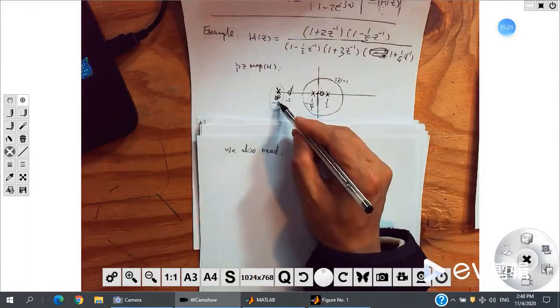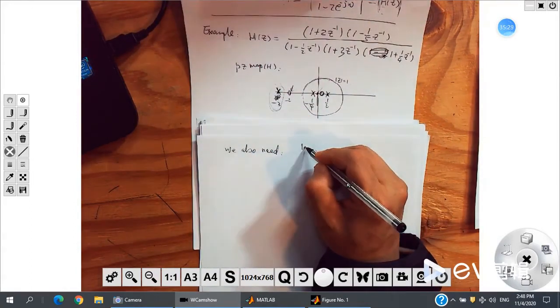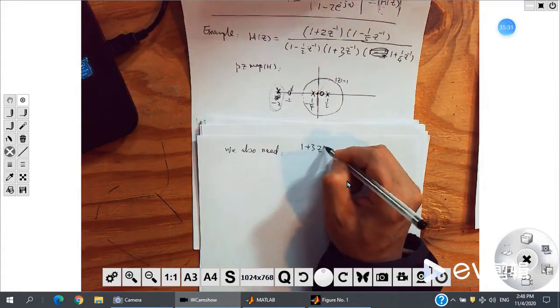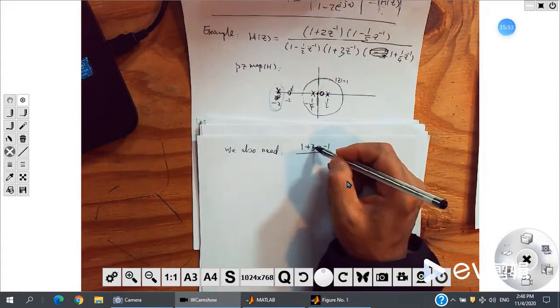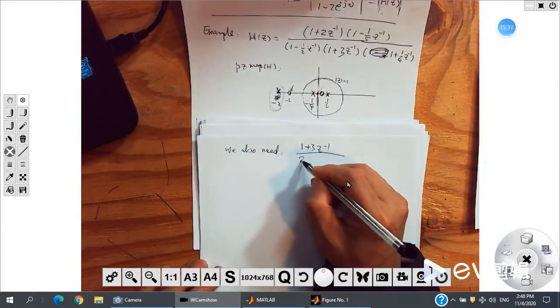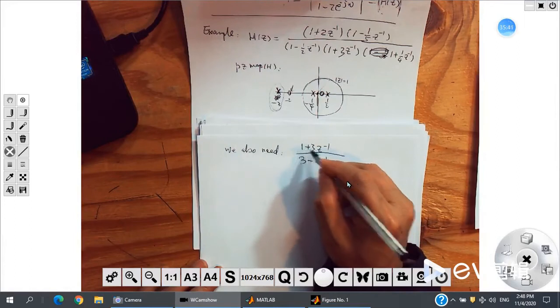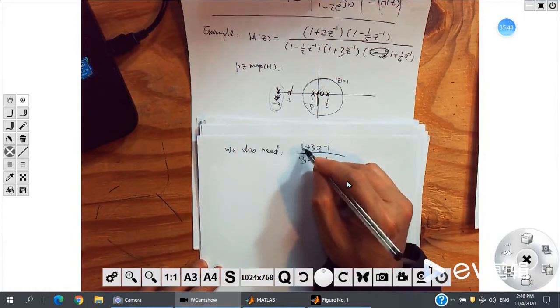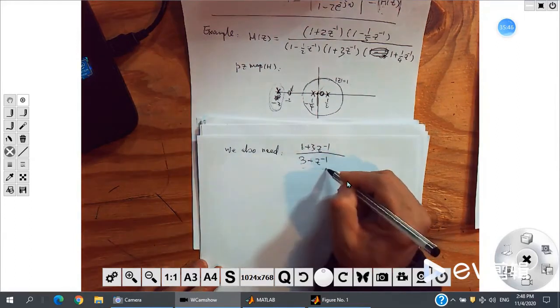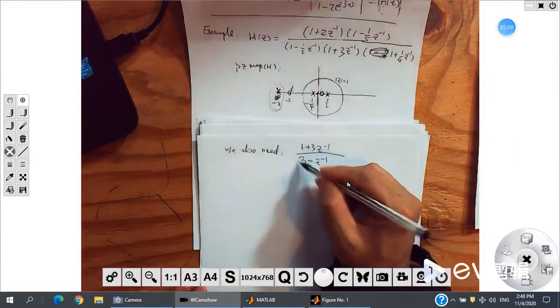This is a pole, so I want 1 plus 3z to the -1 in the numerator. This one will cancel this pole. And for an all pass filter, you need to add this one, right? You reverse the coefficients. I have the numerator and denominator part, then the whole thing is all pass. This is all pass, this is all pass.